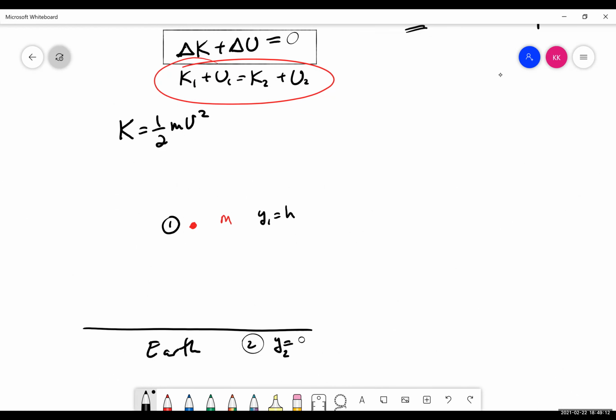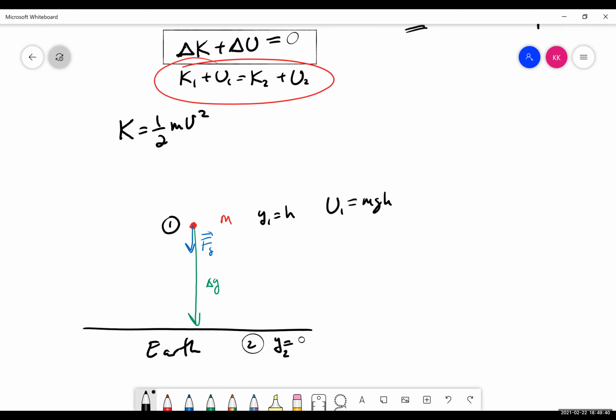Okay. Then if we let go of the object of mass m, it's going to fall down. When it's falling down, the force acting on it is gravitational force. And it's going down like this. That's our displacement. Now, if I'm looking at the potential energy of point 1, this will be mg times h.